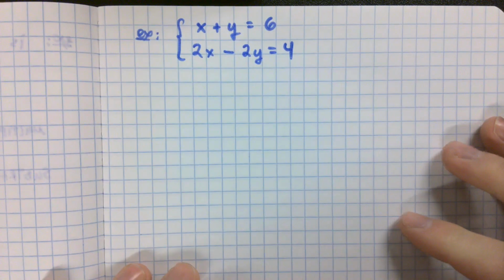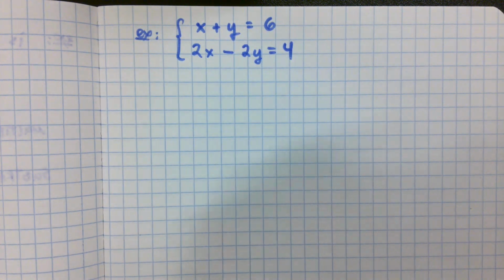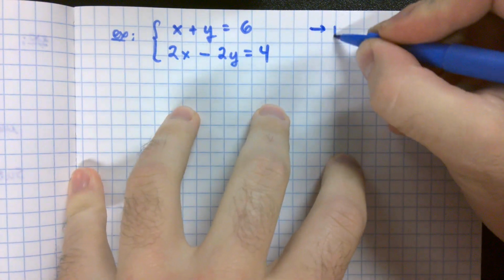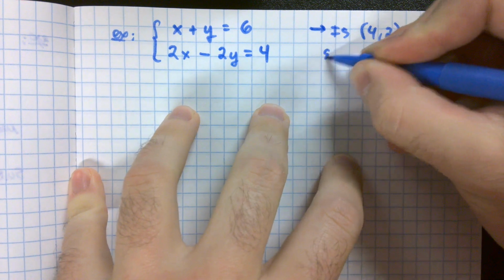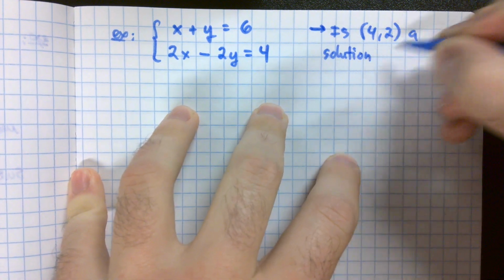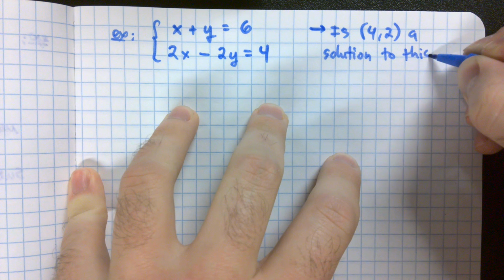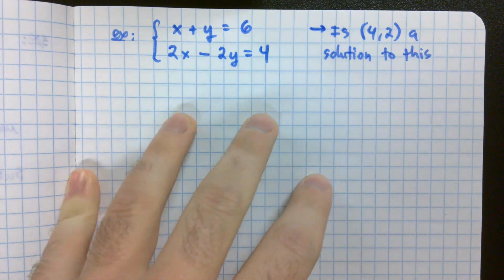Just going to freestyle this one. And our question is, is (4, 2) a solution to this system?